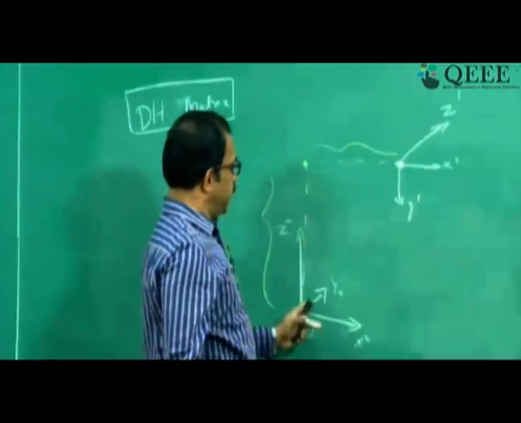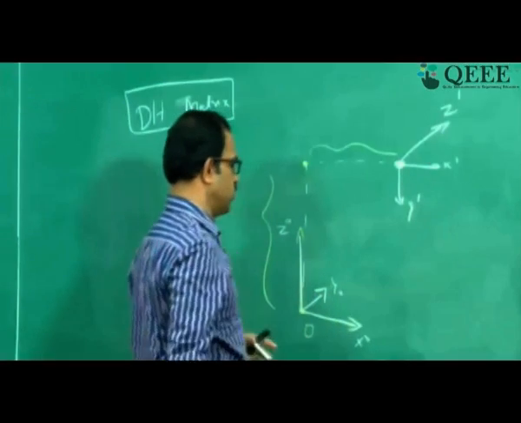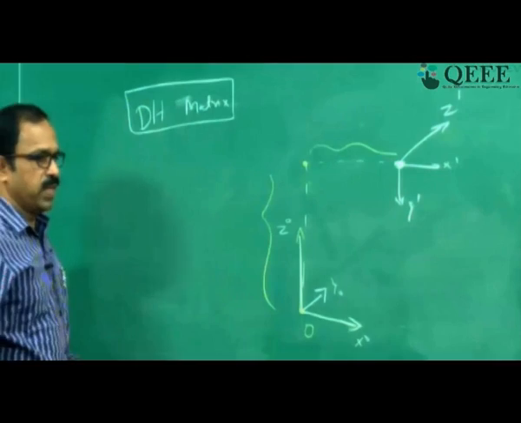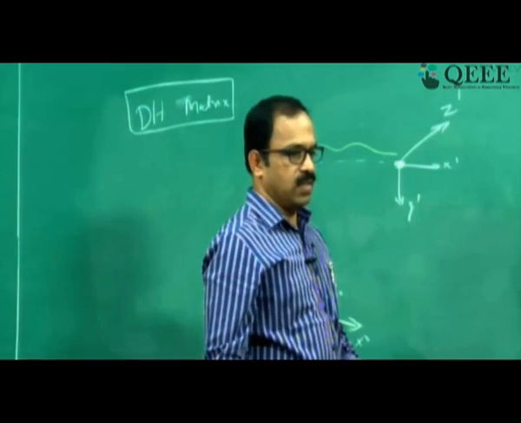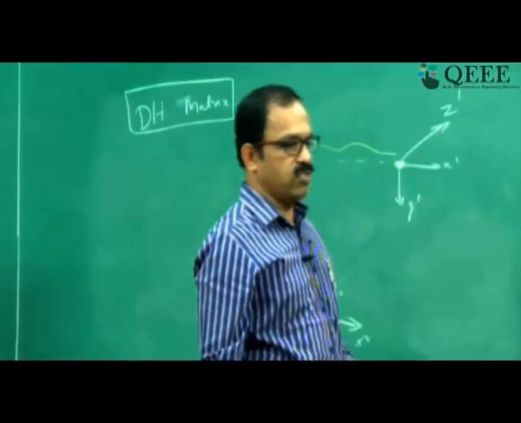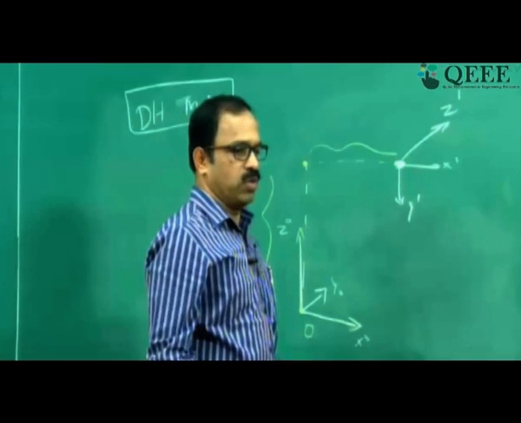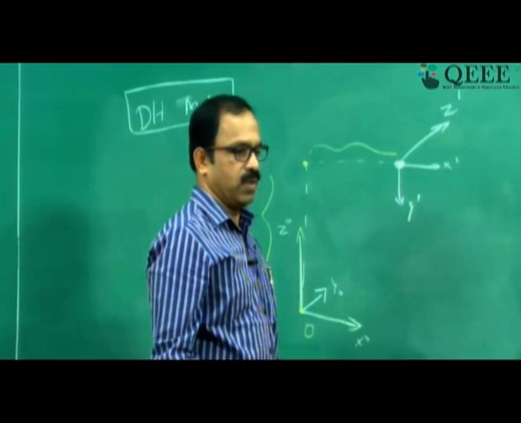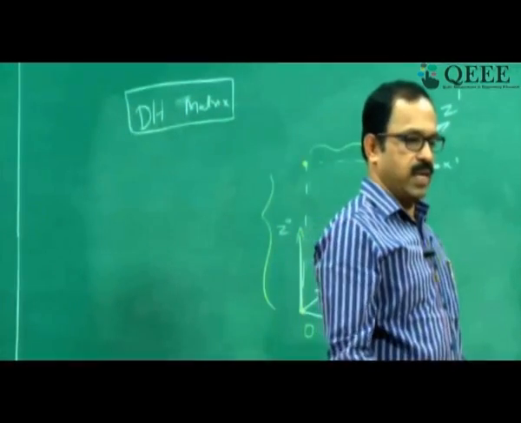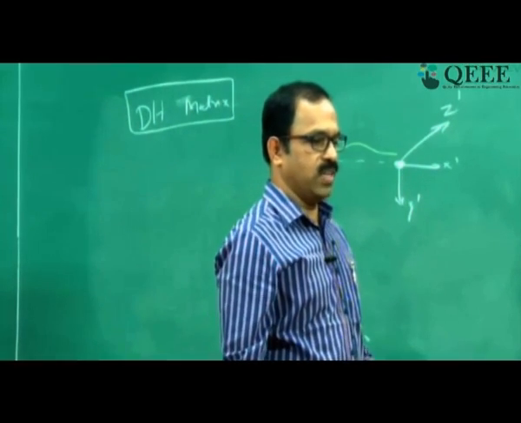So basically the transformation of one coordinate frame to another can be considered as the combination of four individual transformations. You can see here, this is the initial coordinate frame x0, y0, z0, and you have this coordinate frame x1, y1, z1. It has been rotated at x0, y0, z0 first, then moved, and again moved by a, and again rotated, and now it is in this position.